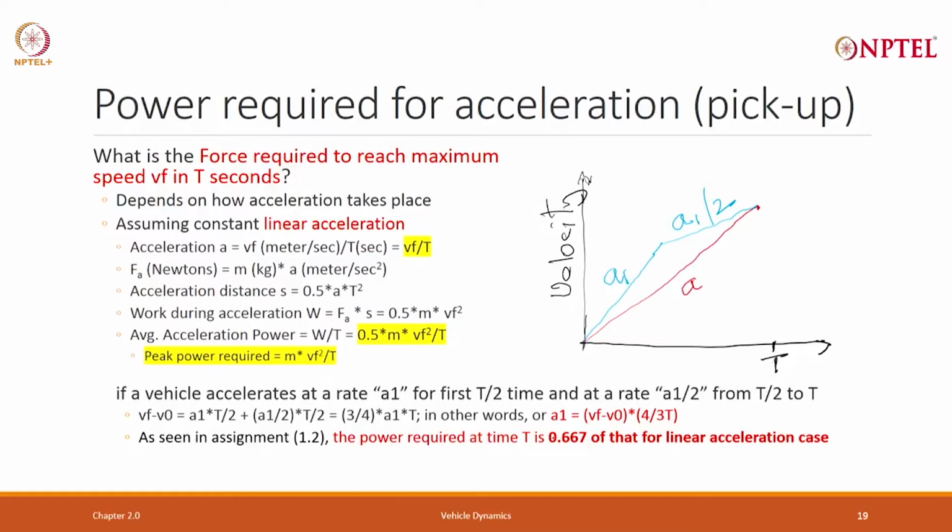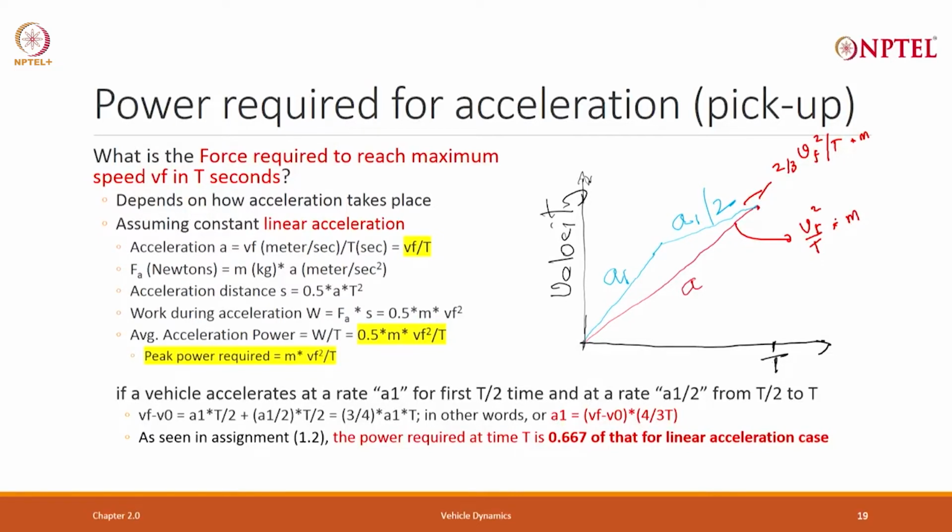So basically what I am pointing out is that I need only 2/3 of m V f square by t here, whereas in the linear case I require m V f square by t. So I actually require less power.